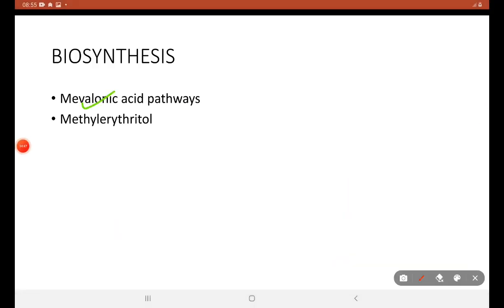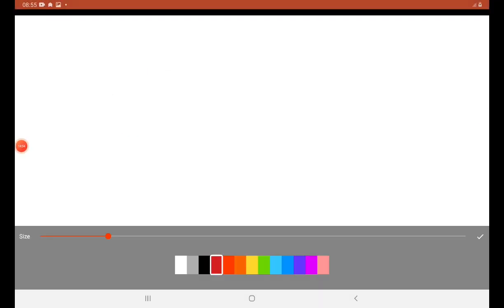Next up is the biosynthesis: mevalonic acid pathway and methyl erythritol pathway. The mevalonic acid pathway takes place in the cytosol. The methyl erythritol pathway takes place in the chloroplast. Acetyl-CoA is converted through a series of reactions to form mevalonic acid.